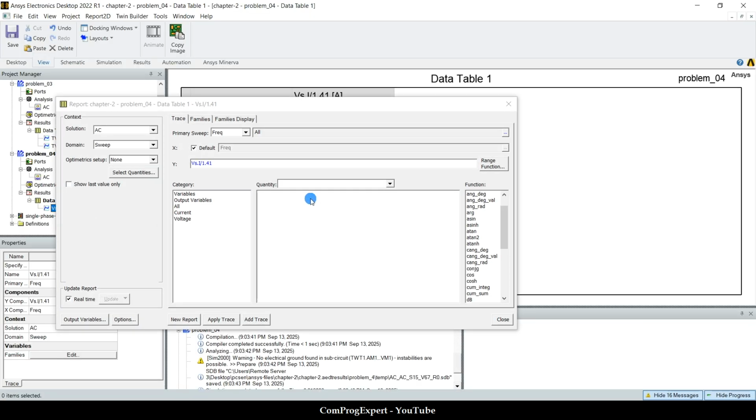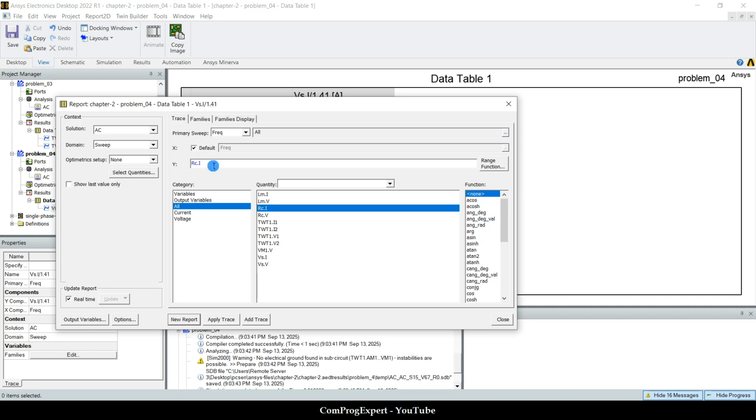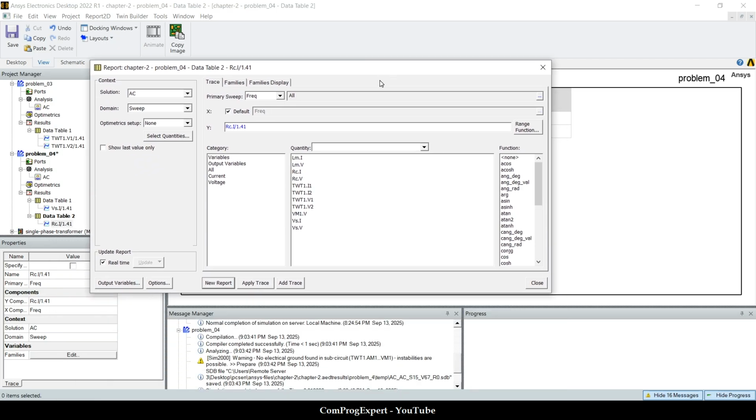You can add the other variables, for example, the current of the RC. Okay, this one. What is the amplitude and also Im? Let me add.